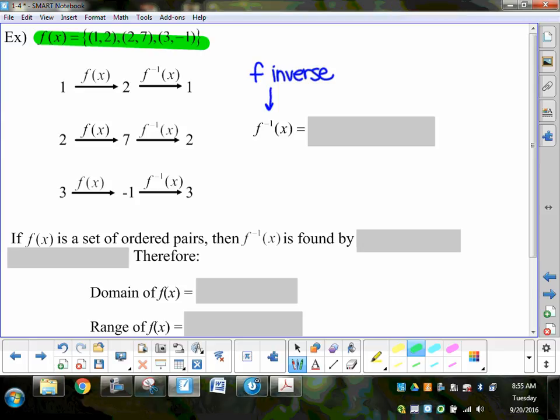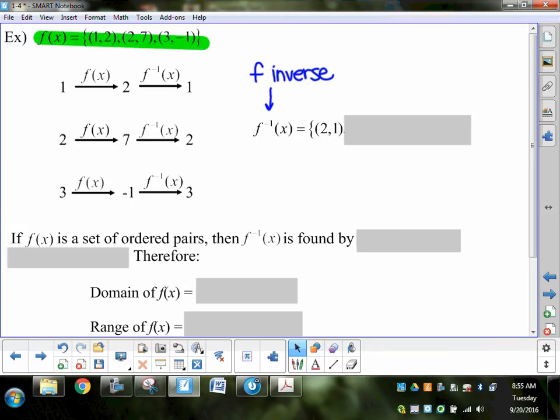And what would you say? 2 comma 1 would be one of the points on the inverse. Okay, what's another point that's going to be on the inverse? And AJ, what would the last point on the inverse be?